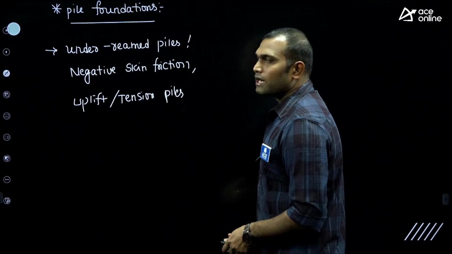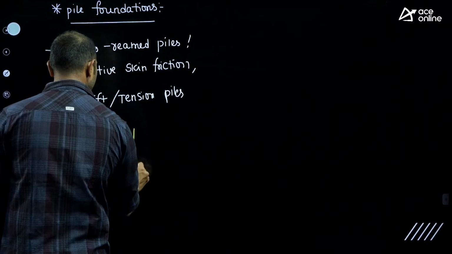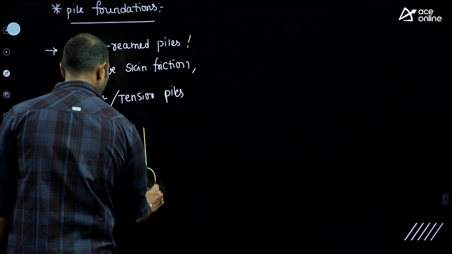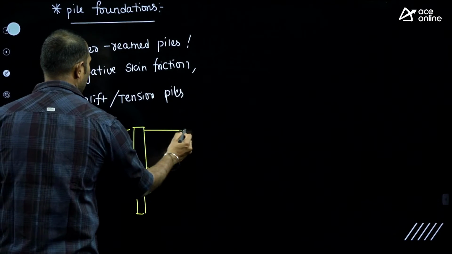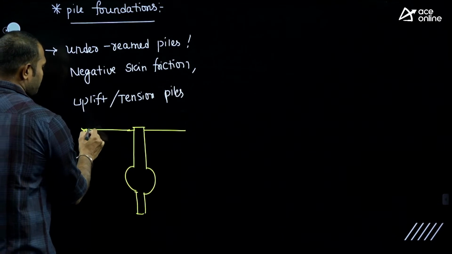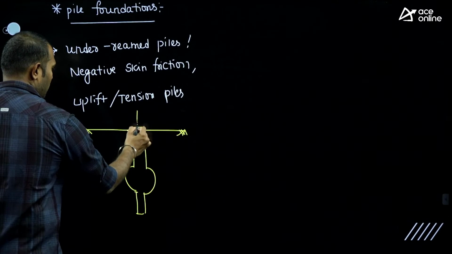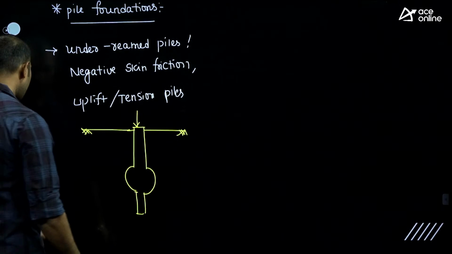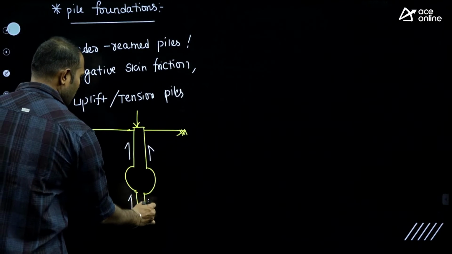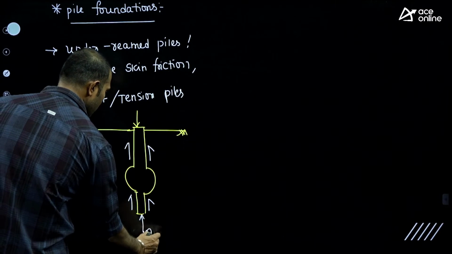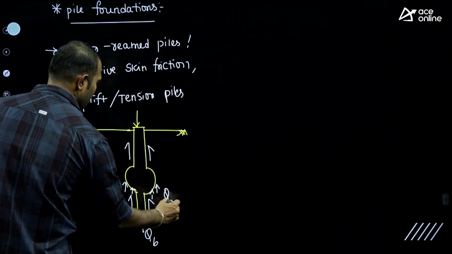In the case of an under-reamed pile, this is the bulb portion and this is the bottom. When you apply the compressive load, there will be resistance on the sides as skin friction, resistance at the bottom, and one more resistance at the bulb portion, QEB.